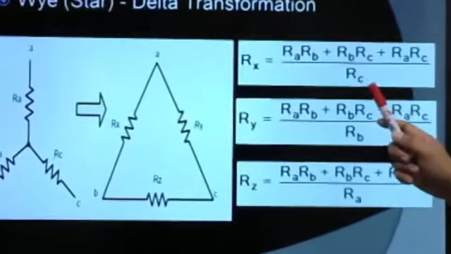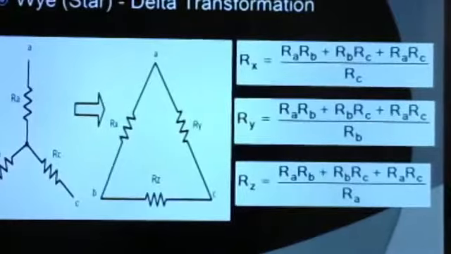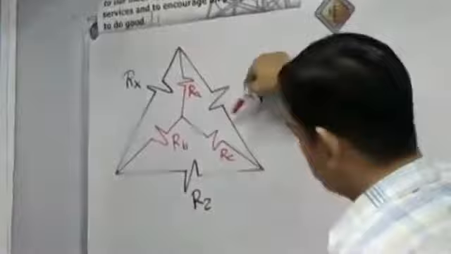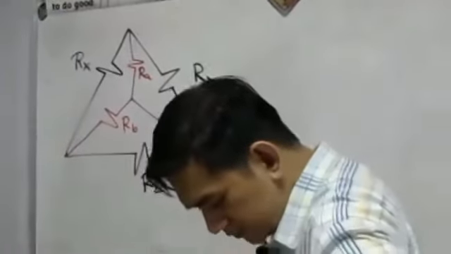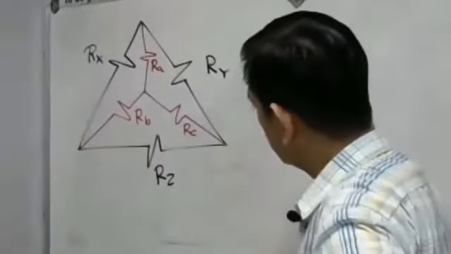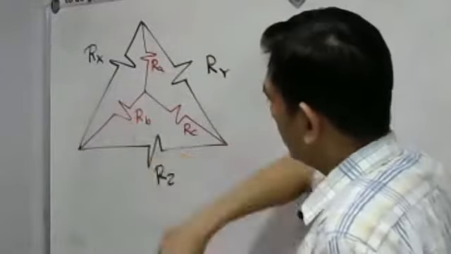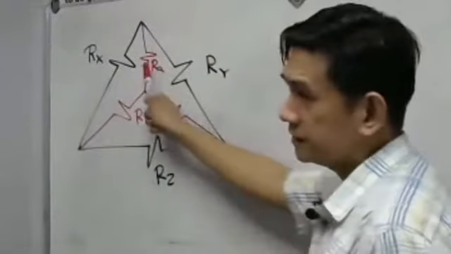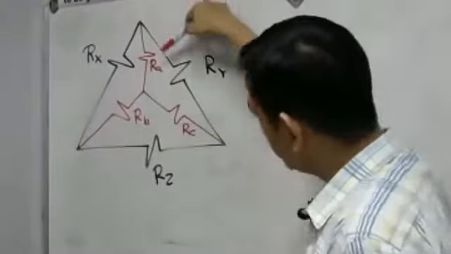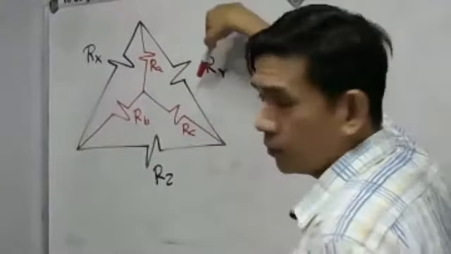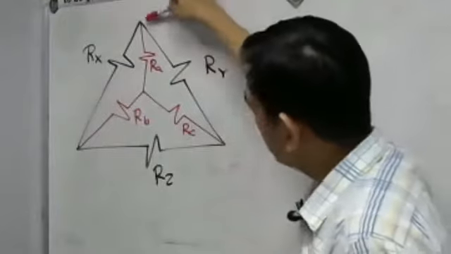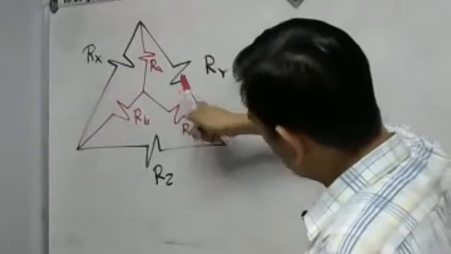Then what about our Ry? Our Ry will be equal to RaRb plus RbRc plus RcRa. And then what is the opposite resistance of Ry? Yung opposite.